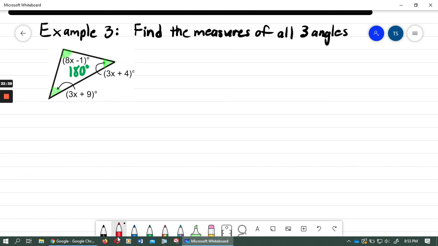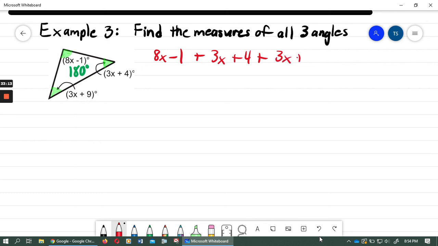All right. Let's go ahead and work this out and solve it. Write out our equation that represents just that: all 3 of these interior angles inside of this triangle have to add to give us 180 degrees. So we take the first angle, 8x minus 1, we add that to the other angle, 3x plus 4, add that to the other angle, 3x plus 9.